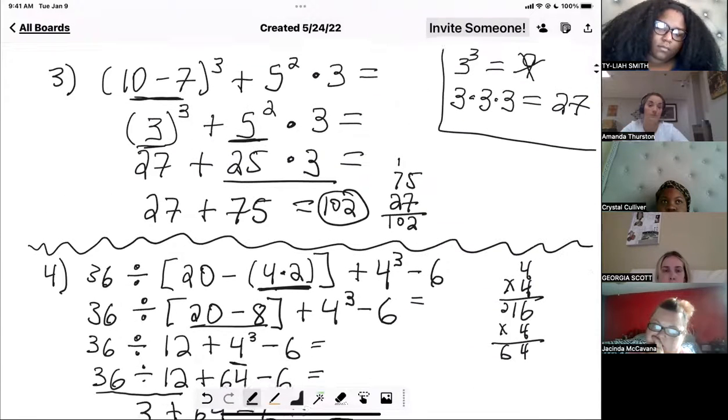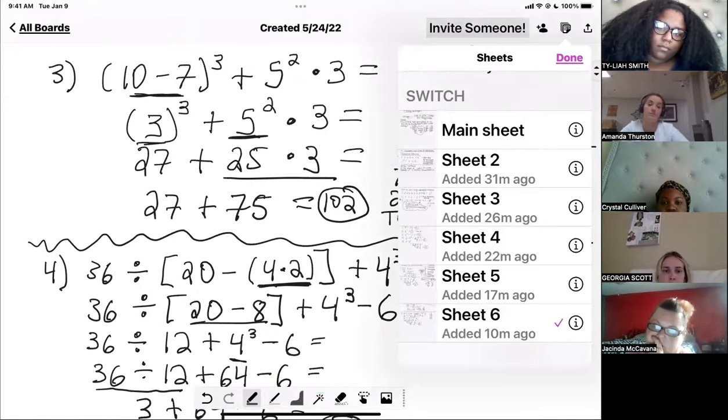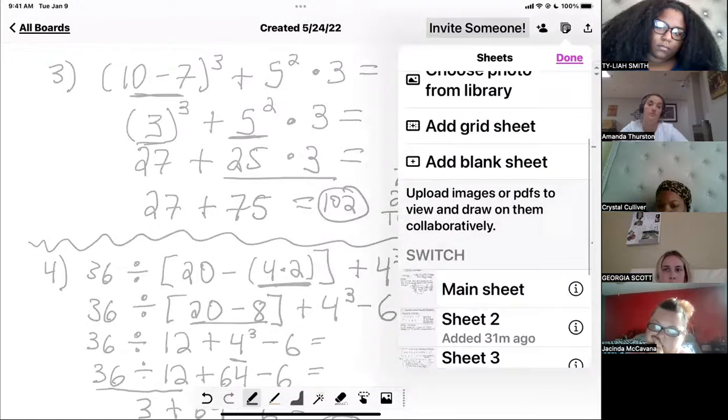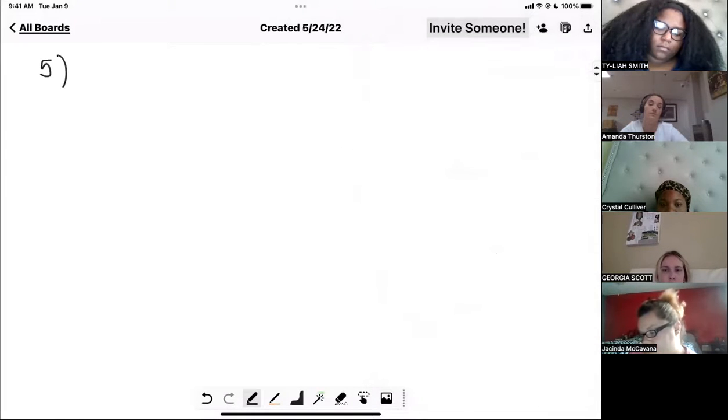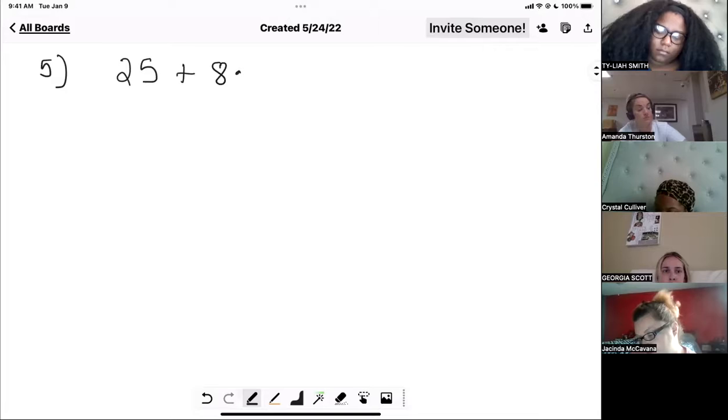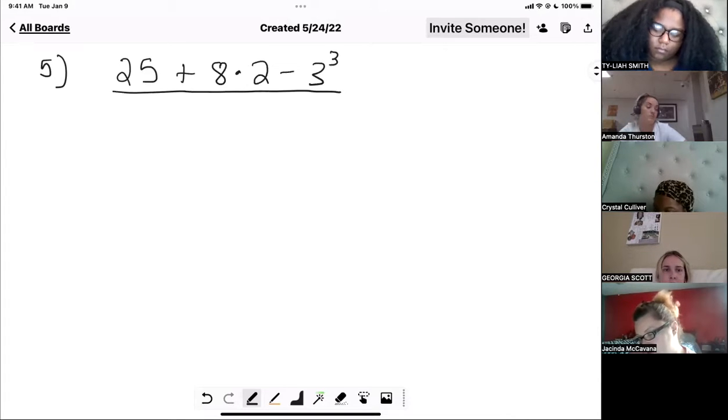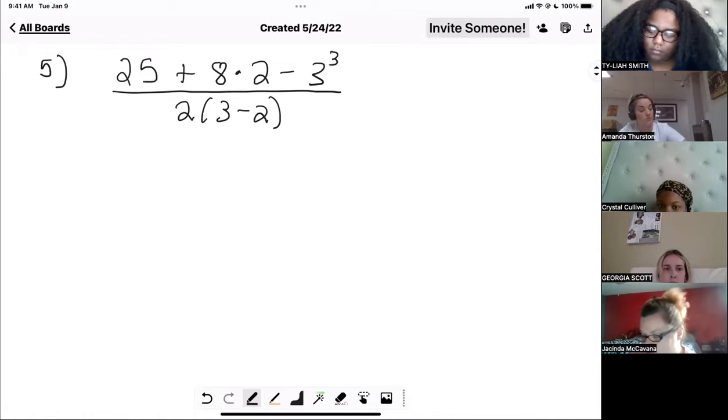All right, so I'm going to add a page. We're going to do one that looks a little different. Number 5. We're going to do one that looks like this. 25 plus 8 times 2 minus 3 cubed all over 2 times 3 minus 2. So it's a big divide problem. Or if you want to think of it as a fraction, don't think of it as a fraction. Think of it as a big divide.